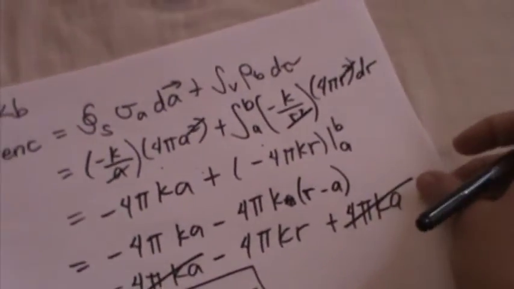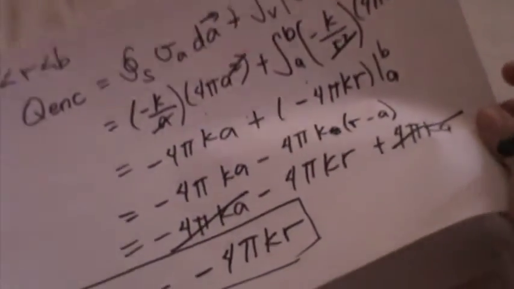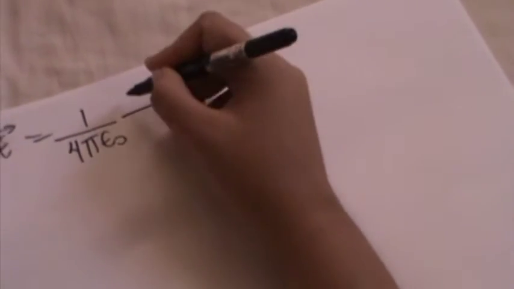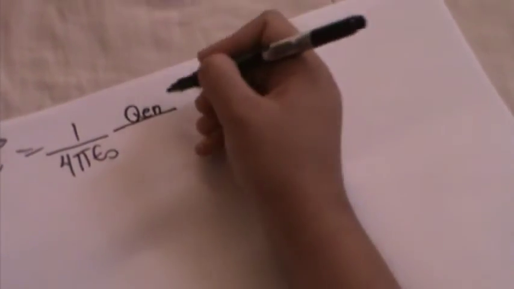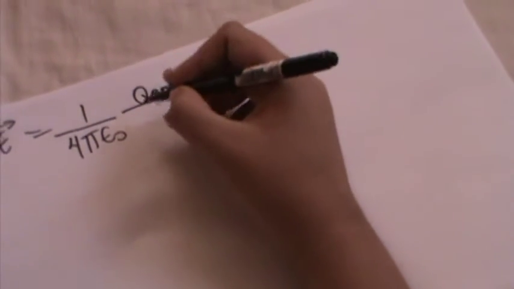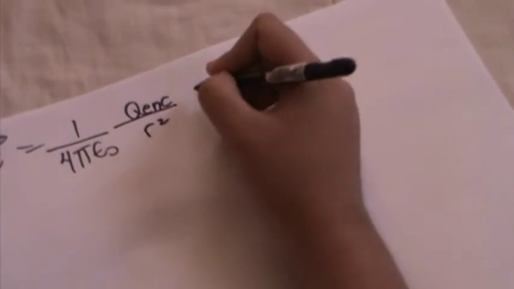We're not yet finished. We'll just solve for the electric field using Gauss's law. So we'll use this equation: the electric field E is equal to 1 over 4 pi epsilon naught multiplied by Q enclosed, the charge enclosed we calculated earlier, over r squared.